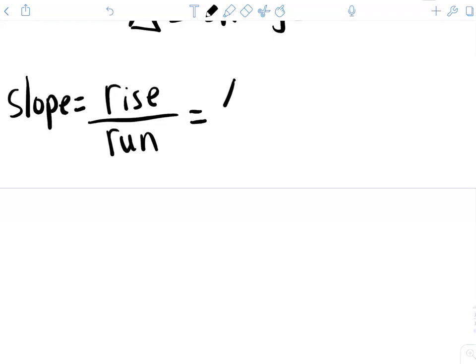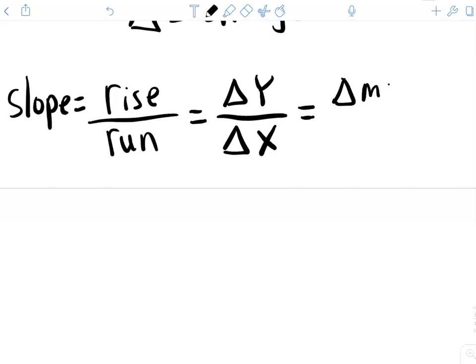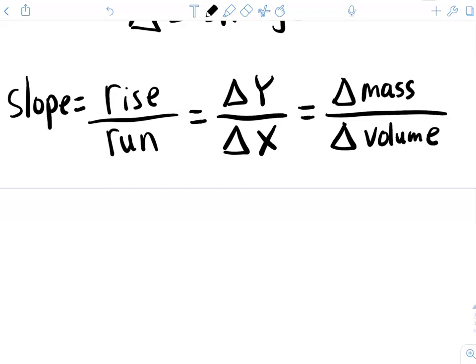So that's my change in the y-axis. My run is whenever I'm going across or I'm on the x-axis. So in my density, which is mass and volume, my mass is going to be on my y-axis and my volume is going to be on the x-axis. So my slope is basically going to be whatever the change in my mass is over my volume.